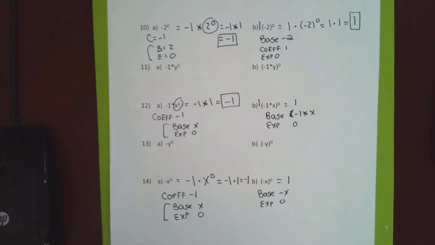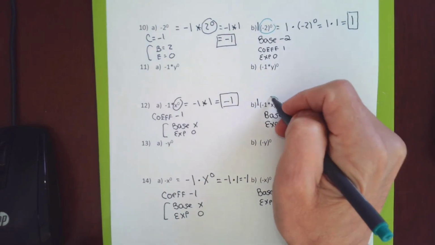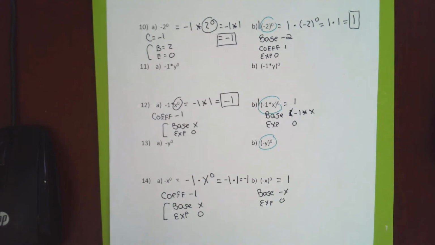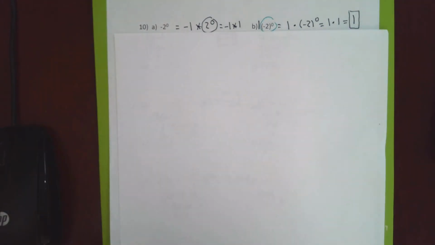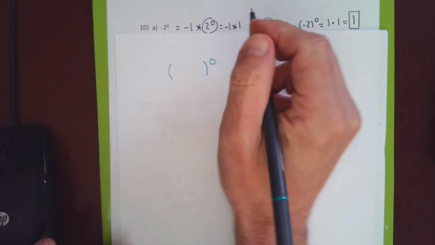If I want to come up with a shortcut rule, which I kind of liked for these, when I'm going to get a 1 is a plain parentheses with a 0 exponent with an implied coefficient of 1. Those are always going to equal 1.